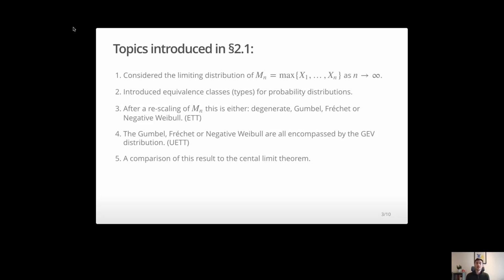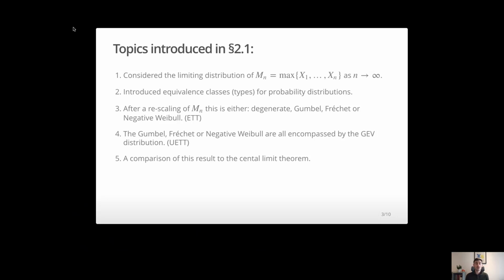Using this idea of equivalence classes of distributions, we saw that the rescaled maxima converge to one of four possibilities. The first is that there don't exist constants an and bn such that we get a non-degenerate limit distribution, and the distribution of the rescaled Mn still collapses to a point mass at the upper end point.